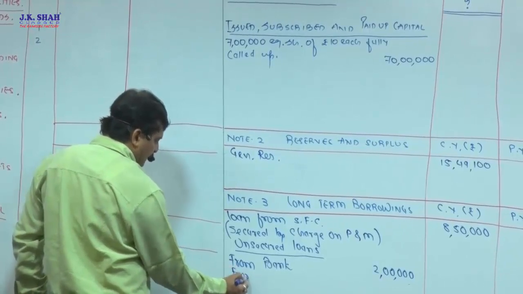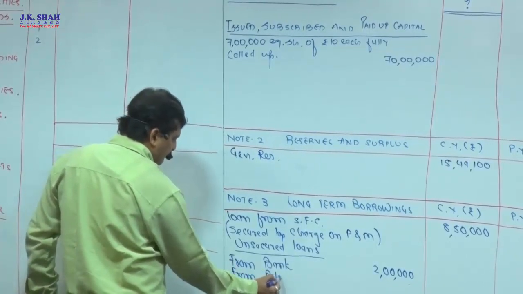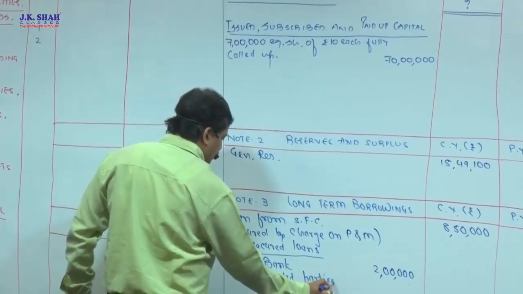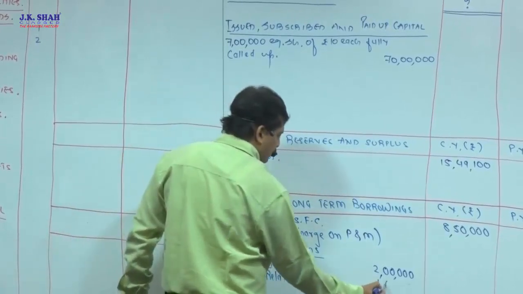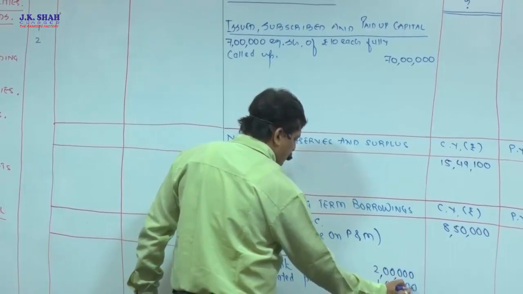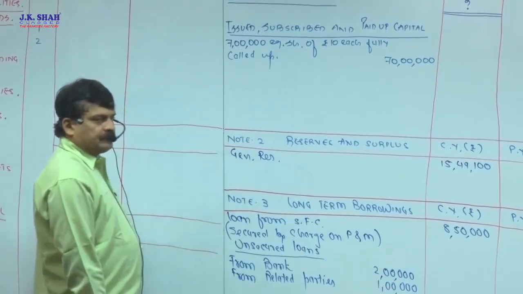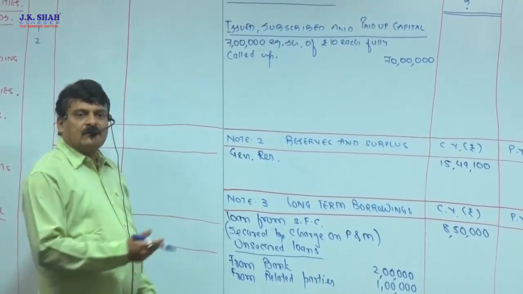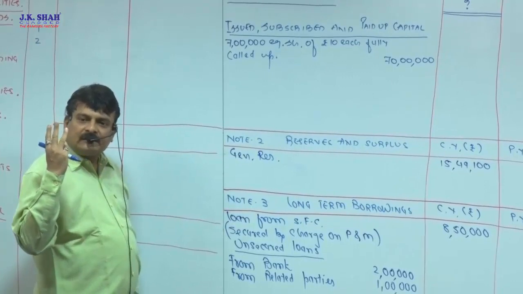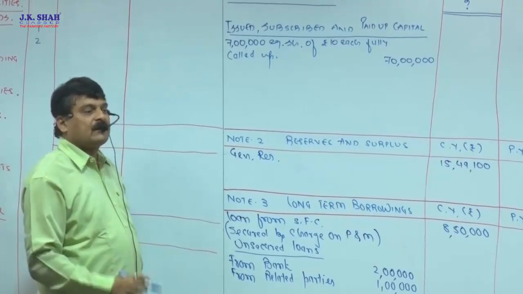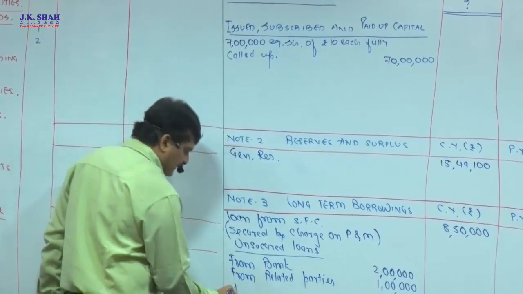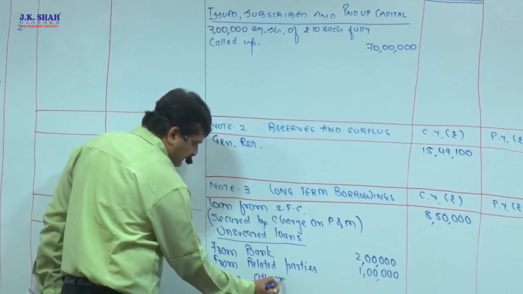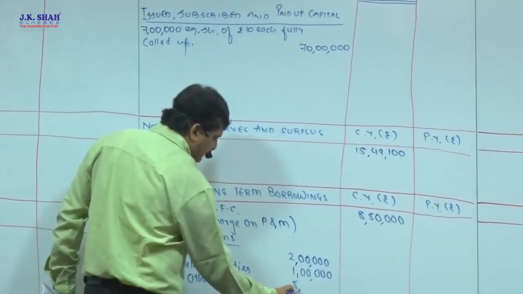So from related parties, 1 lakh. Look into trial balance. How much is the total amount, friends? 847. This comes to only 3 lakh. So other will be 5 lakh 47,000. Last line, from others, 547.